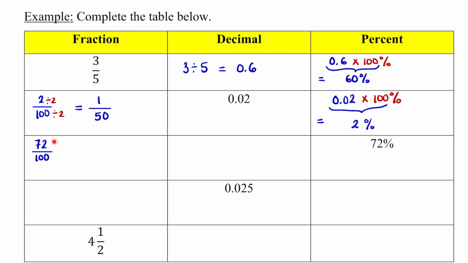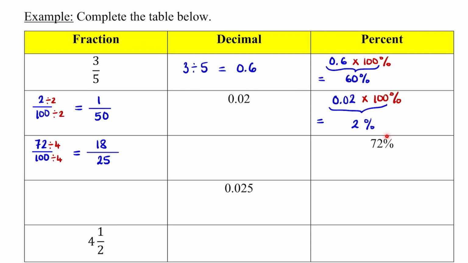I noticed that 72 and 100 both have 4 as a common factor, so I will divide the top by 4 and the bottom by 4. 72 divided by 4 is 18. 100 divided by 4 is 25. So I have 18 over 25. 18 over 25 is equivalent to 72%.